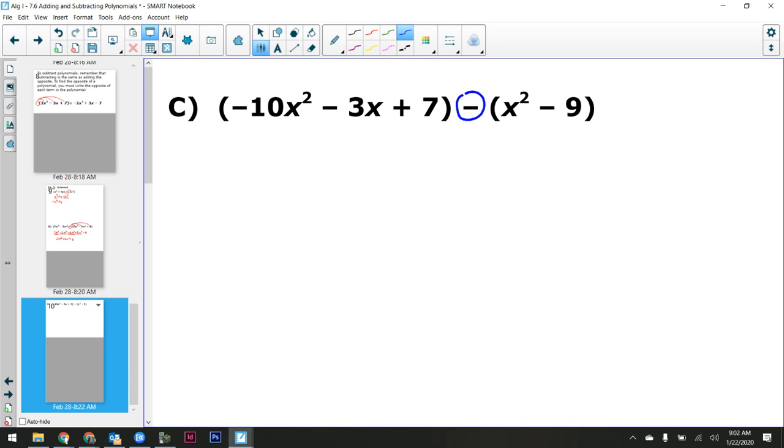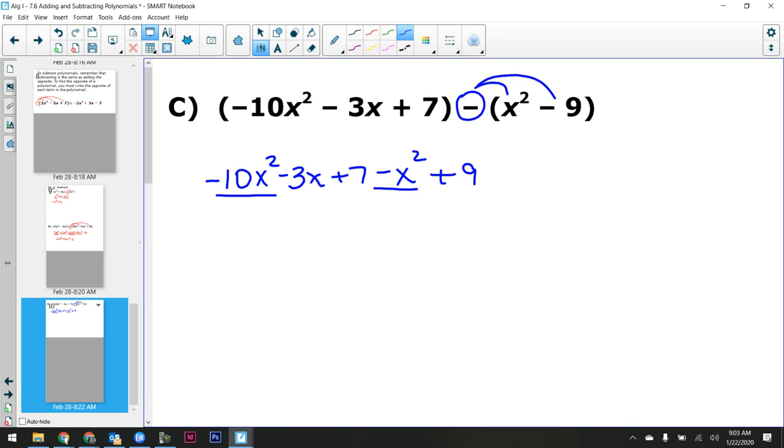Okay, bring in the minus sign here. We get negative 10x squared minus 3x plus 7 minus x squared plus 9. Whoa. Negative 10 and negative x make negative 11.